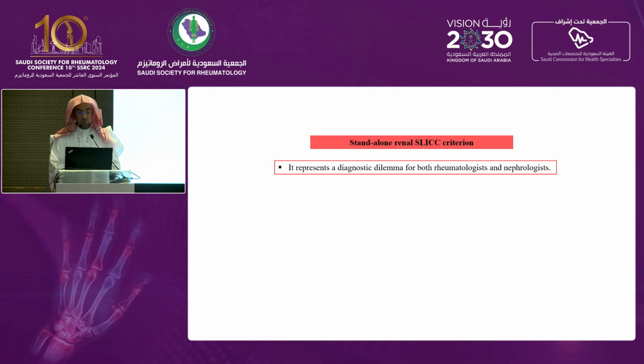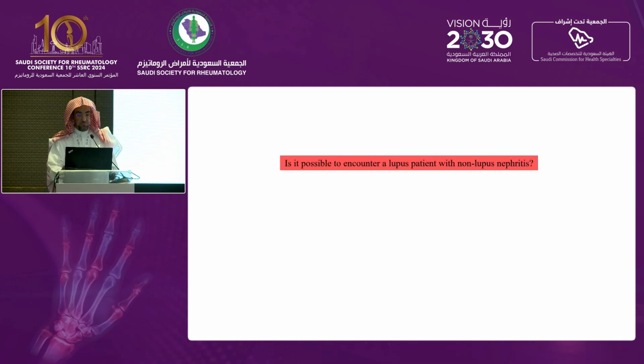Now, renal biopsy from a lupus patient rarely shows changes that are pathogenetically and morphologically unrelated to lupus. However, there are cases where you may see focal segmental glomerulonephritis not related to lupus, but with other clinical manifestations and autoantibodies, probably you should accept the diagnosis of lupus and treat them as lupus.